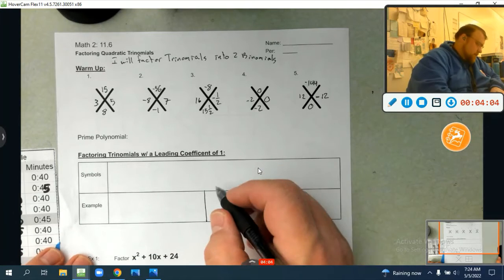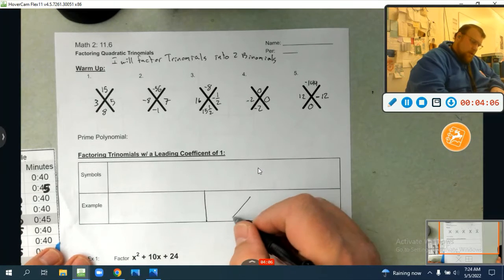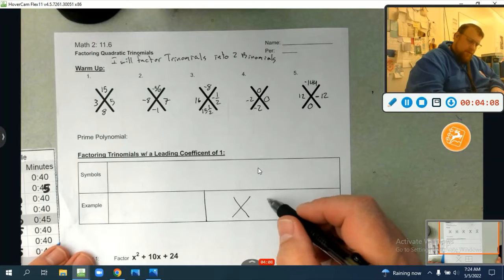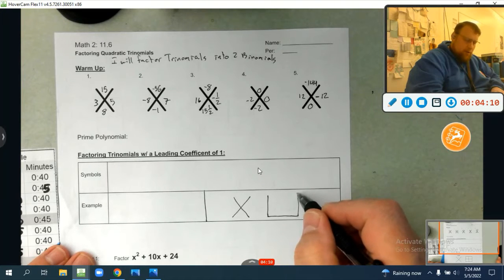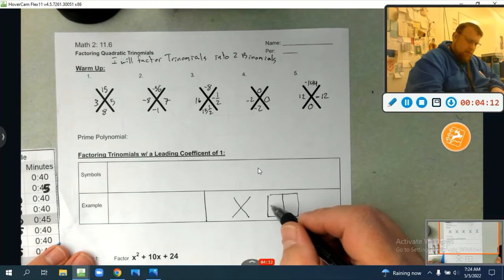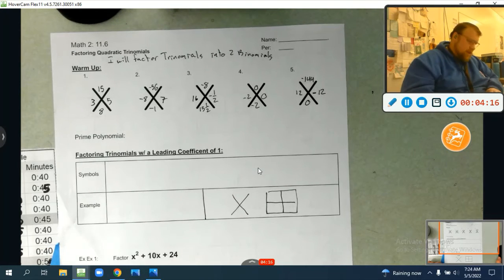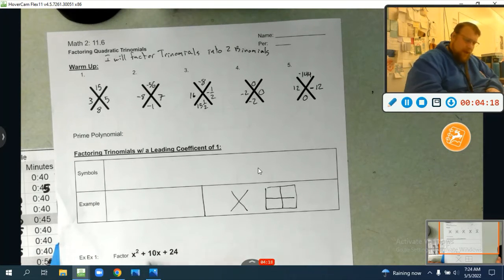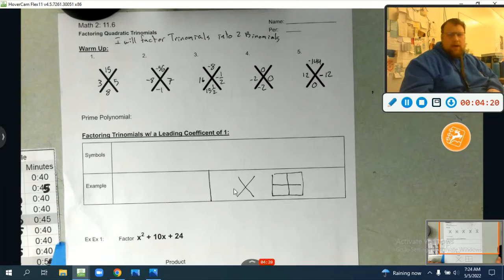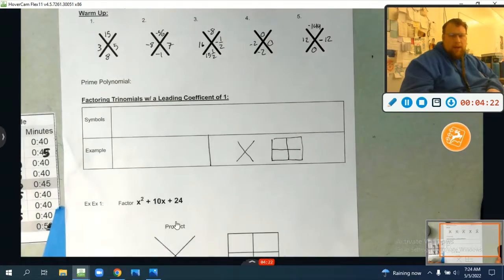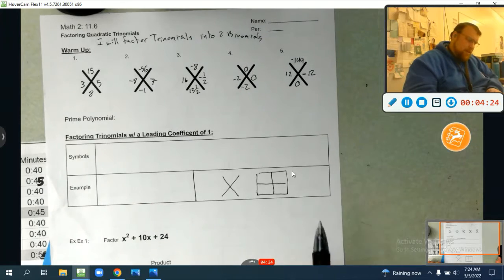So notice I've cut this in half. I'm just going to draw this little diamond like we were doing up above. There's a purpose we had you use those for. Make yourself a generic rectangle like we were multiplying this out. So what's really cool is we can actually set these up. And we have an example down here that we're going to do in more detail, but I want to show you that this works.